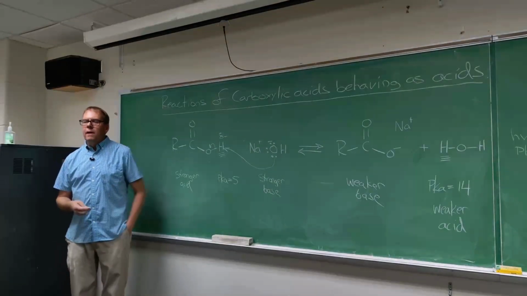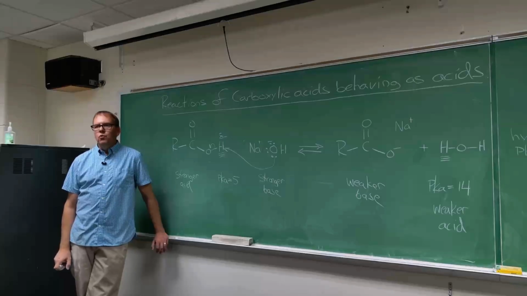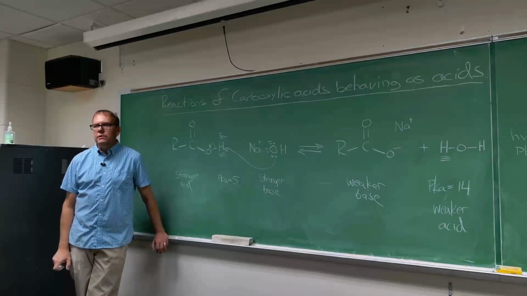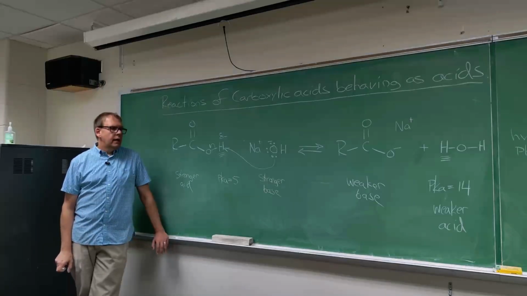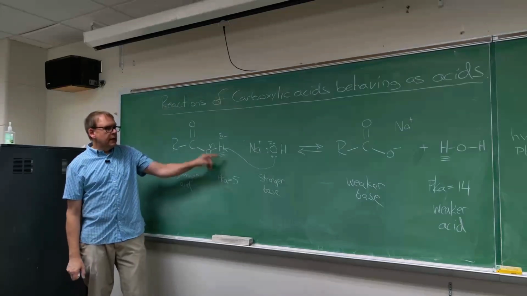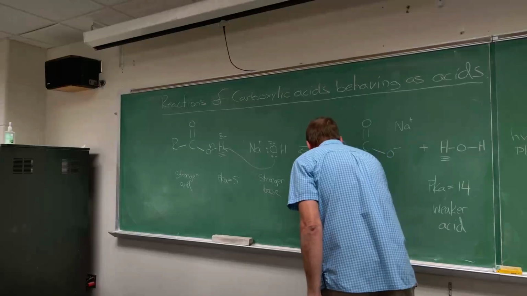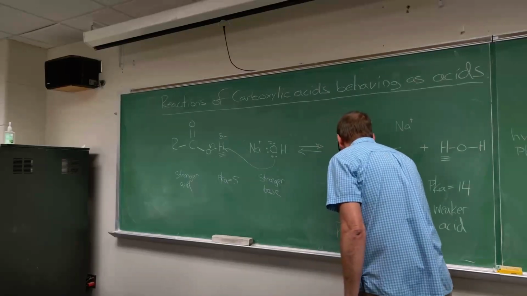This is stuff that we've been talking about since the start of last semester in Organic 1, in Chapter 2, when we were talking about acid-base chemistry. Because these are really strong acids, they like to go in that direction. So this is a very product-favored reaction.